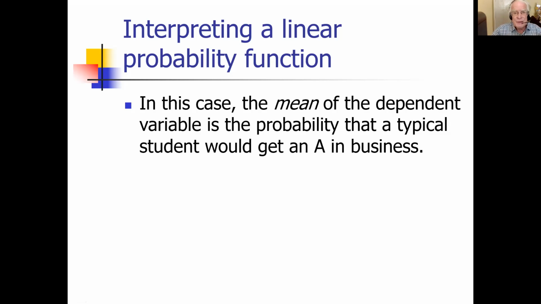So, for example, if we have observations of 500 students and 100 of them have received A's, then the mean of the dependent variable is 100 divided by 500, or 20%. That 20% is the probability of an A.